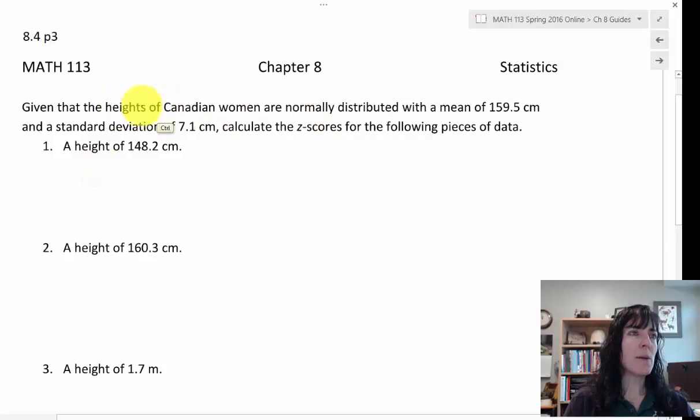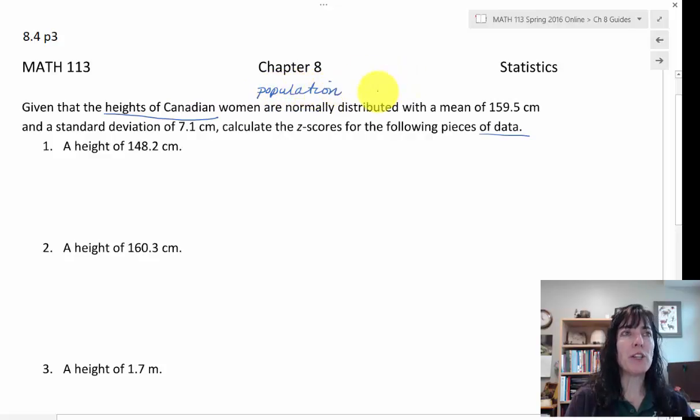So this is the heights of Canadian women, and this is the mean and the standard deviation, and this is a piece of data. Since it's the heights of the women, we're actually talking about the population parameters. So I'm just going to write population.